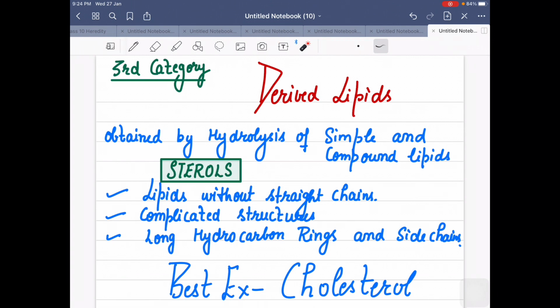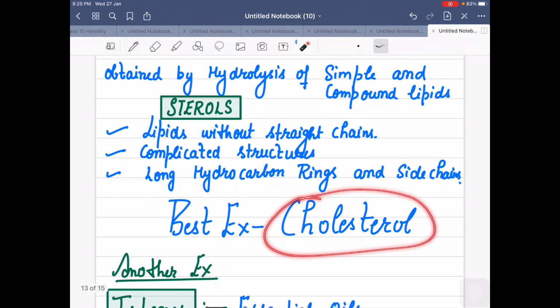Never will you find them in a straight chain. We call them lipids without straight chains. You break the simple lipids, you break the compound lipids, you will get your derived lipids. Like sterols, they have a very complicated structure, long rings, long side chains, like your cholesterol.